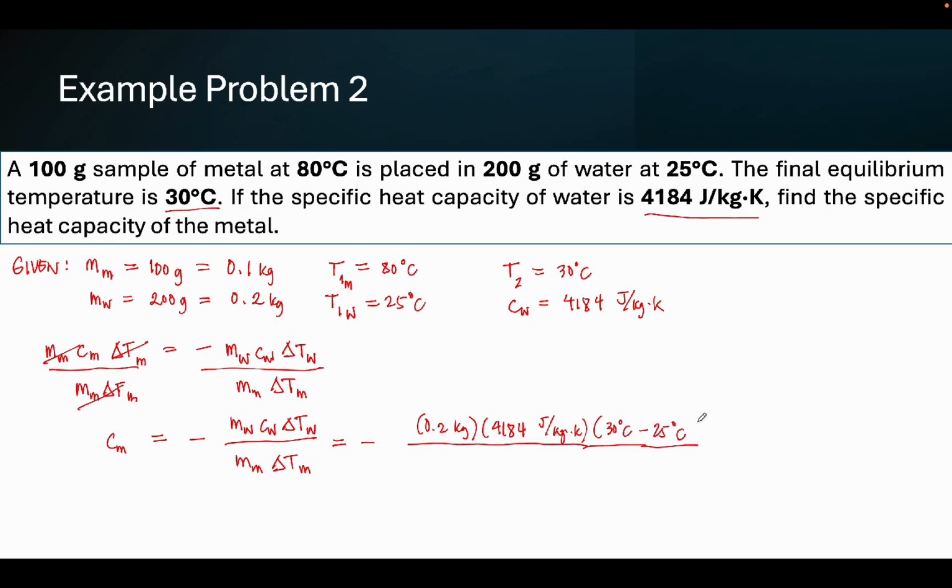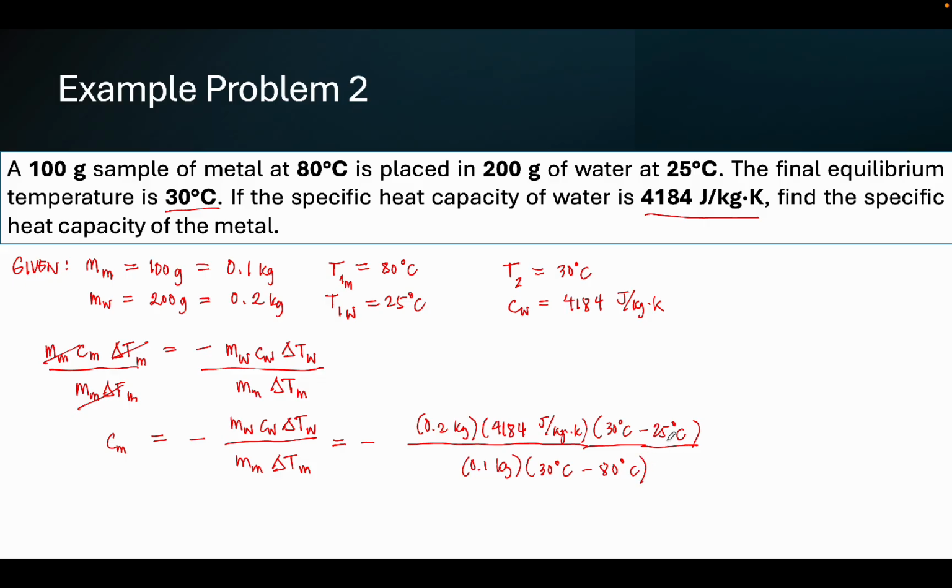And then divided by mass of the metal, which is 0.1 kilogram, times delta T of the metal, which is 30 degrees Celsius minus 80 degrees Celsius.